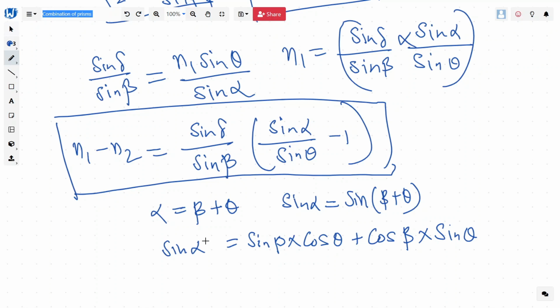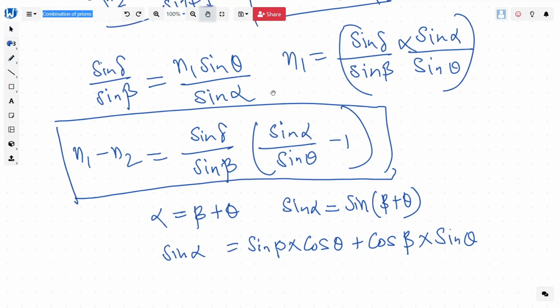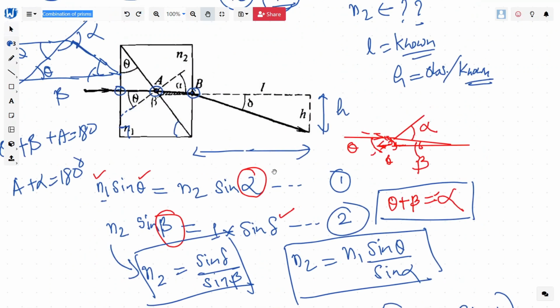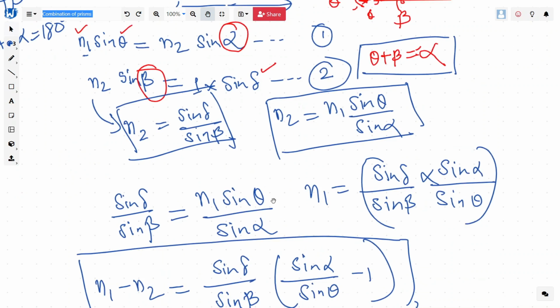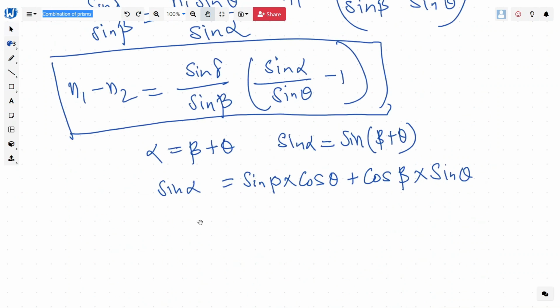Now, one thing we know for sure, that because these refractive indices are almost the same, n1 is very close to n2, beta is almost 0. It's tending towards 0. So beta is basically a very small angle. So for small beta, when beta is tending towards 0, cos of beta is going to be 1.